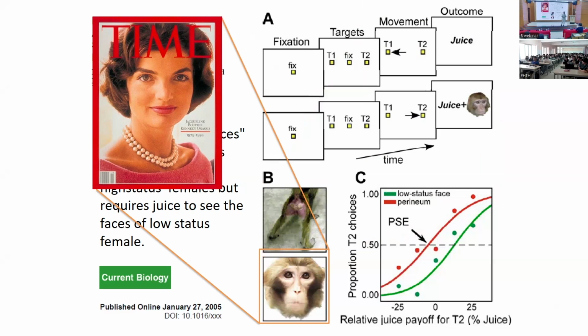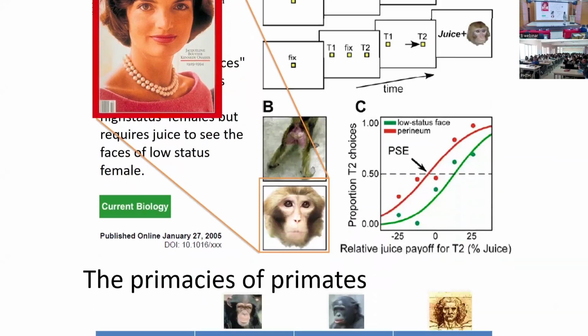I have no idea how they recognize that this face is corresponding to a high rank female, but they do recognize very well. So they pay to have pictures of this. So this is also very, very interesting because it is, again, very, very human.